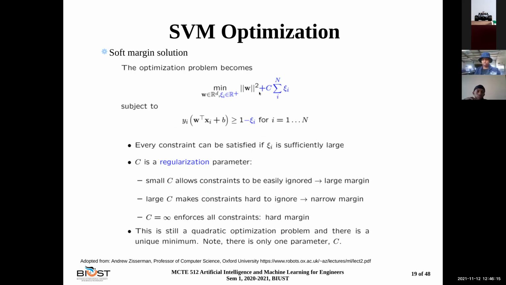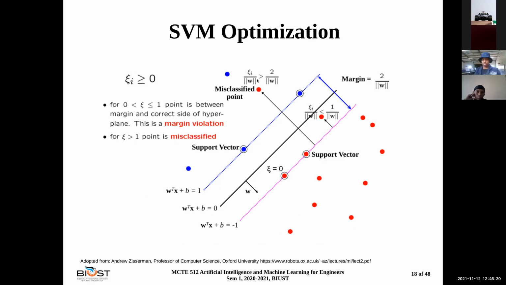So here we are saying that we want to minimize psi as well. If you minimize psi, that means you minimize these points being misclassified, because if psi is bigger, then this point is misclassified, according to some computation.